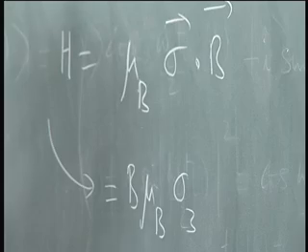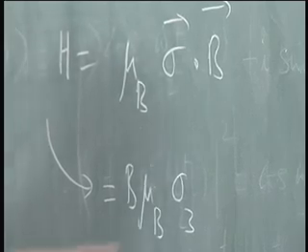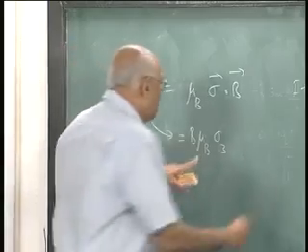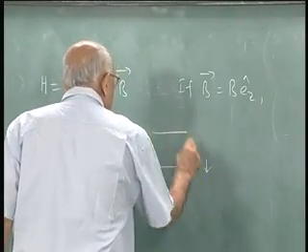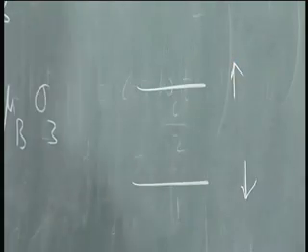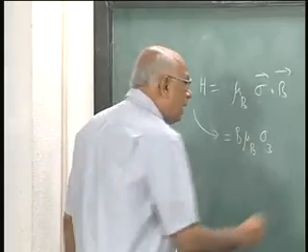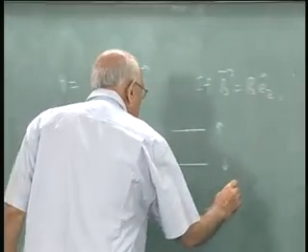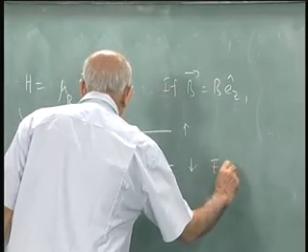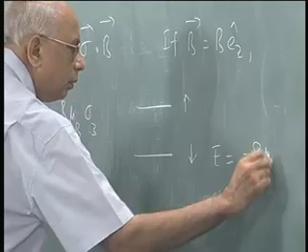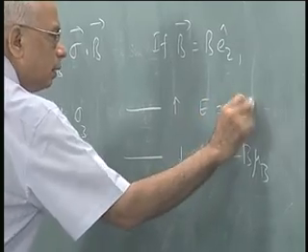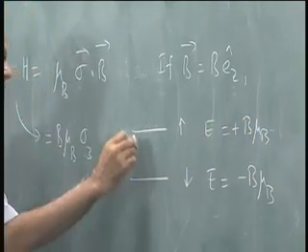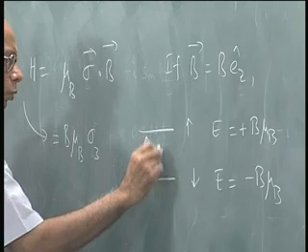So the energy levels of this system, the eigenvalues, correspond to, for the down state it is this, and for the up state it is that, and there is a gap between them. This energy is minus B mu B and this energy is plus B mu B, and there is a gap of 2B mu.